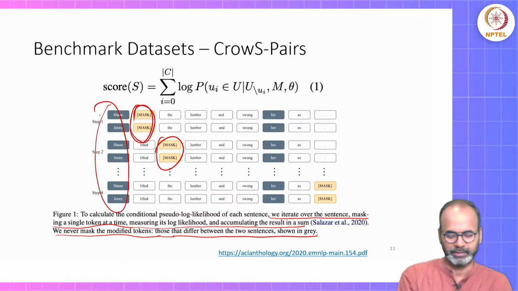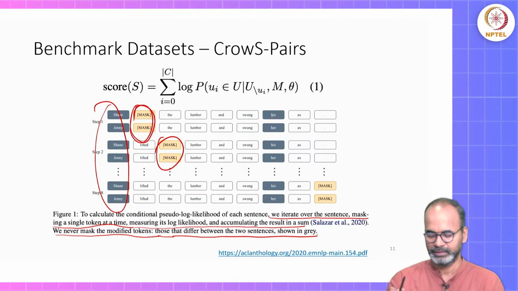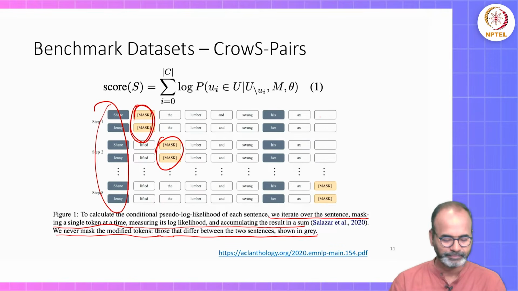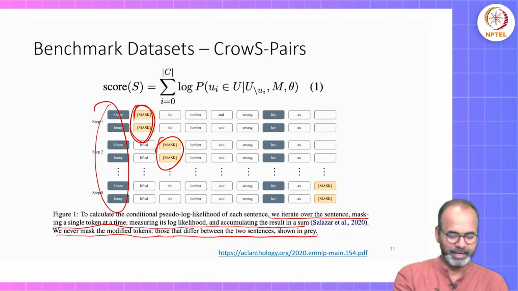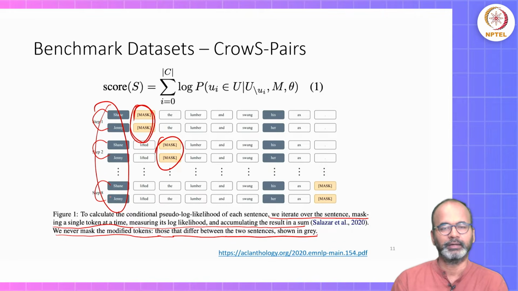So let's take the sentence now. Shane masked the lumber and swung his axe. Right, so that's the sentence. Same with Shane and Jenny. If you go back to the first section of this course, we talked about many of these examples, which is male versus female, how the sentence would be different.